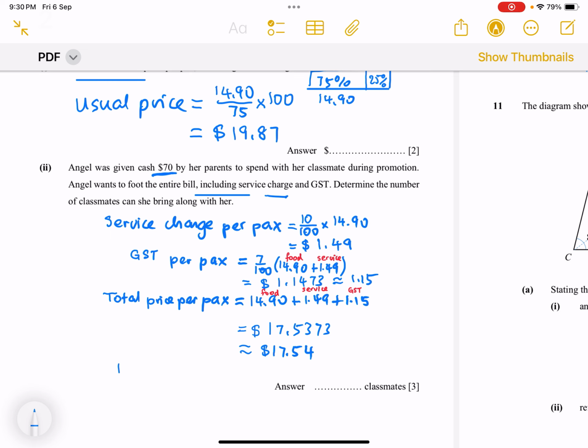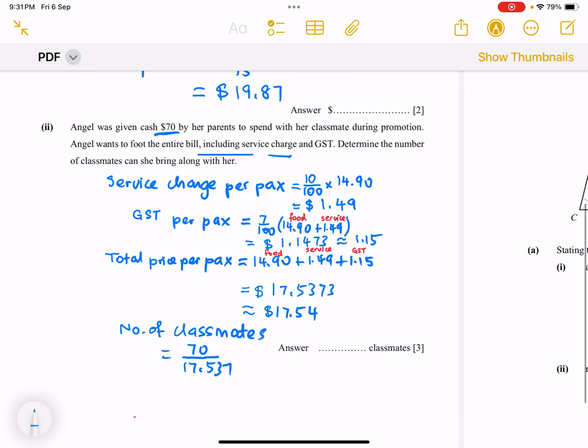So therefore now the number of people that she can invite, number of classmates, she has $70. So to find the number of classmates, she will have to take this divide by the cost for each person, which is 17.537. Notice that I made use of 5 significant figures because this is not the final answer.